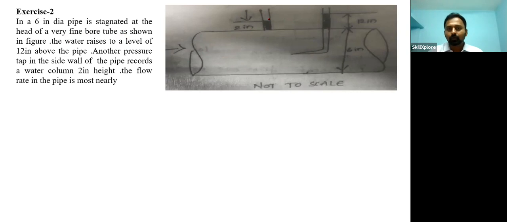So here we have two tubes, one inserted as a vertical limb, and another one is a pitot tube. This particular point shows the pressure head, how much pressure is here. This height shows the pressure, and this height is used to calculate the velocity also. We can easily calculate that using these formulations.